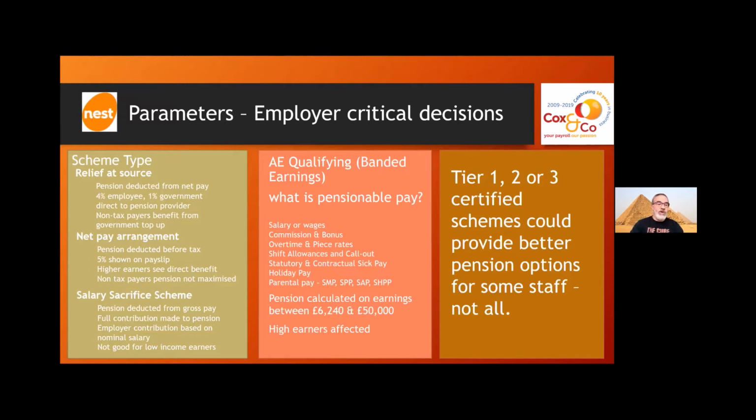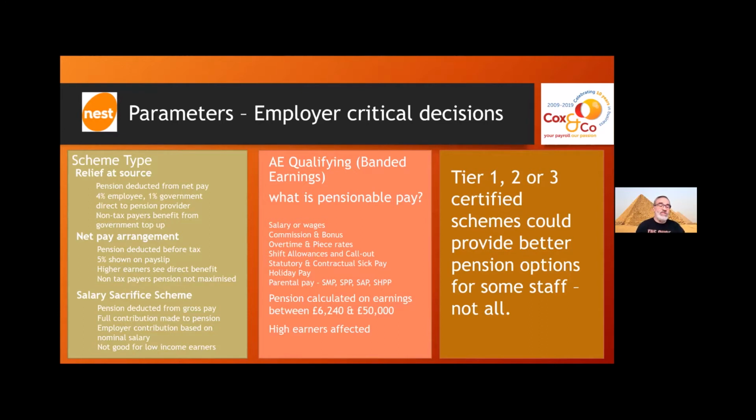So when they see their pot, it will be bigger than the amount that they saw on their payslip, which is the government contribution. So the employee's got to be a winner, really. The employer is making a contribution, the government's making a contribution, and they're making a contribution of only half. So it's a good thing.